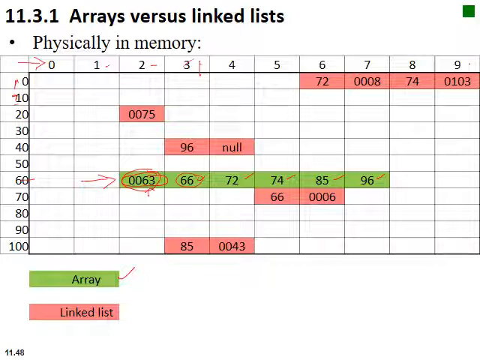Okay. So element number 1, or the first element over here, has the value 66. The next one 72, the next one 74, 85, 96. All right, so those 5 elements. But now I'm going to show you how something like that can be implemented by a linked list.